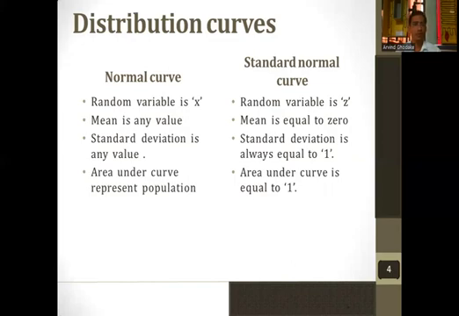The mean is any value in the case of a normal distribution curve, while in a standard normal distribution curve, the mean is always equal to 0. The standard deviation is any value in a normal curve, while it is always equal to 1 for the standard normal distribution curve. In a normal distribution curve, the area under the curve represents the population, and in a standard normal distribution curve, the area under the curve is equal to 1. So this is the difference between the normal distribution curve and the standard normal distribution curve.